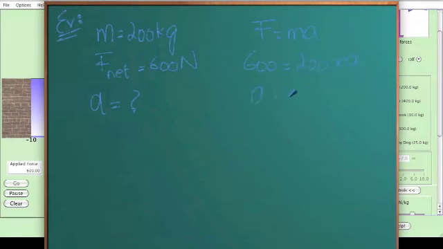So a would be 600 divided by 200, which gives me 3 meters per second squared. Since this is a constant force, this would be a constant acceleration of 3 meters per second squared.